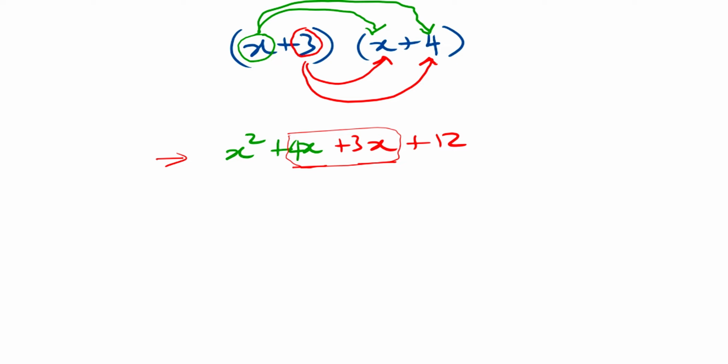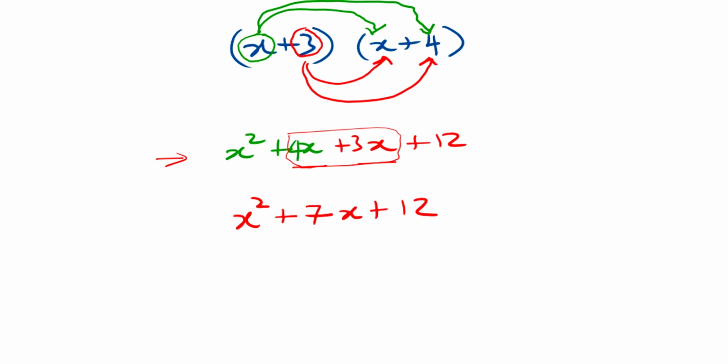That gives us s squared plus 7s plus 12. So that becomes a quadratic expression resulting from the expansion of two binomials. Okay, so that is it.